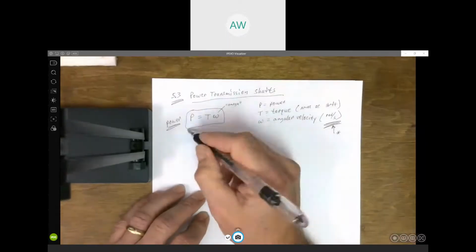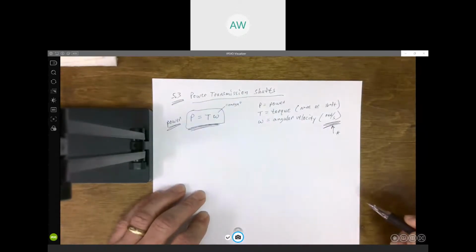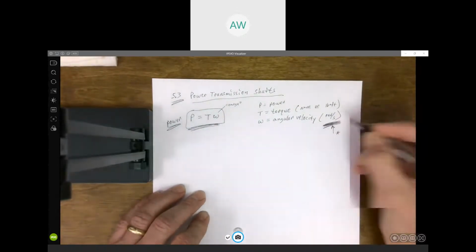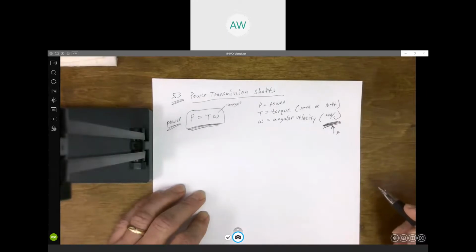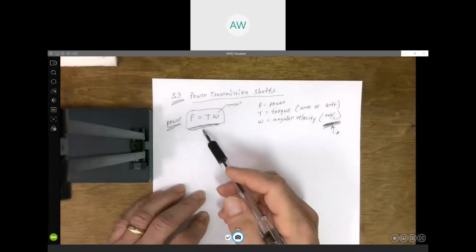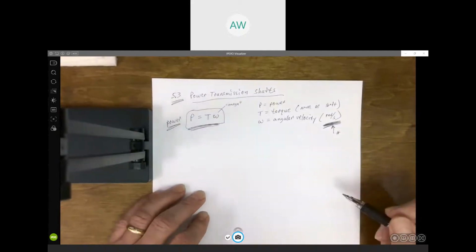This formula is really all you need as long as your angular velocity is in radians per second. Personally, if I'm given angular velocity in something other than radians per second, I just convert that to radians per second and use this formula.